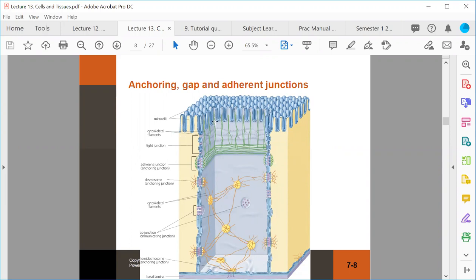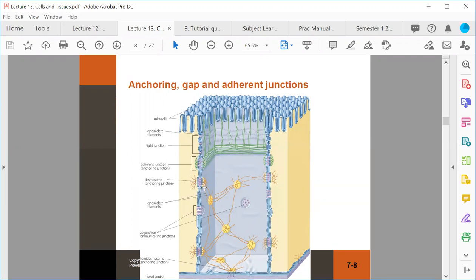Let's look at all these different types of junctions illustrated here. In between these two cells, we have what's referred to as a tight junction. Another type of junction that we can see here is called an adherens junction. This is a type of anchoring junction.